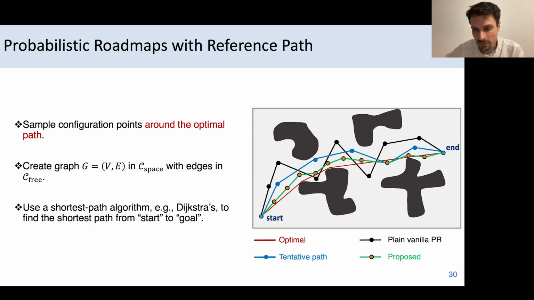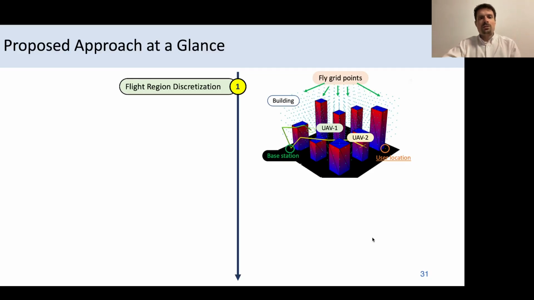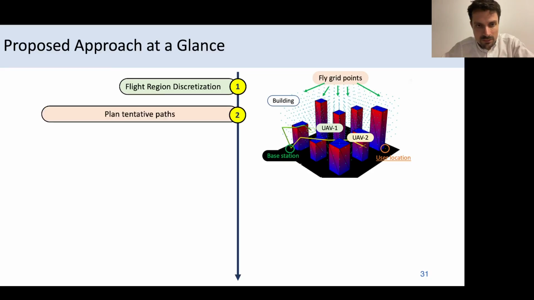If we compare this with probabilistic roadmaps, we see that the proposed algorithm results in a path that is much closer to the optimal path. So let us apply this idea to the problem at hand. As we said, the first step was discretization of the flight region.